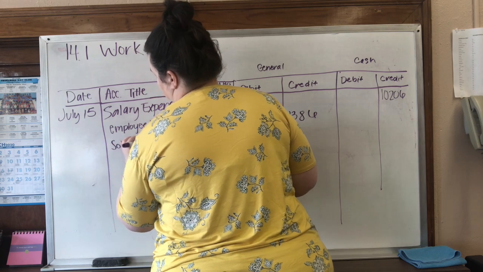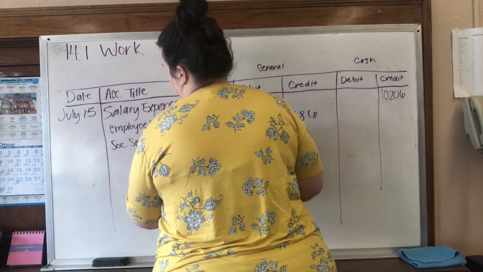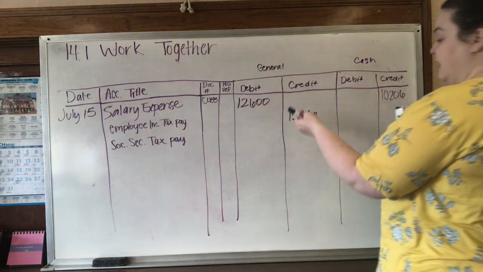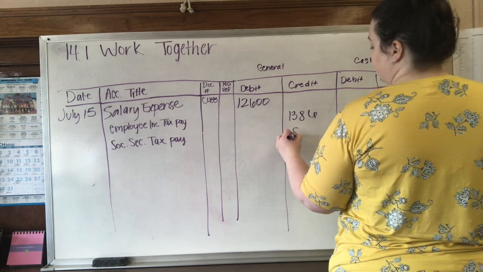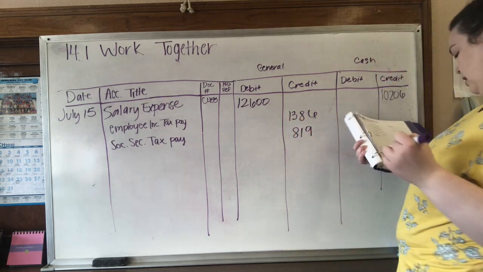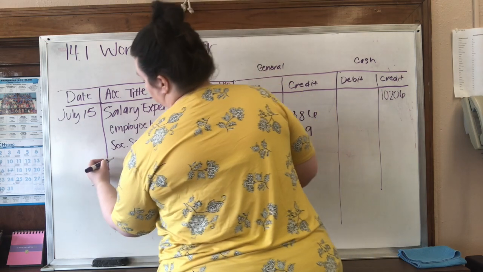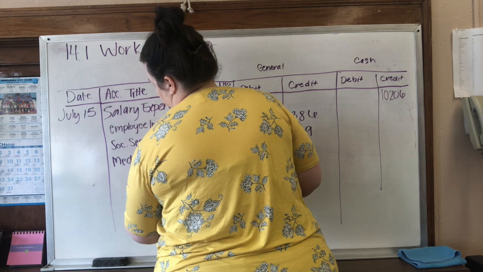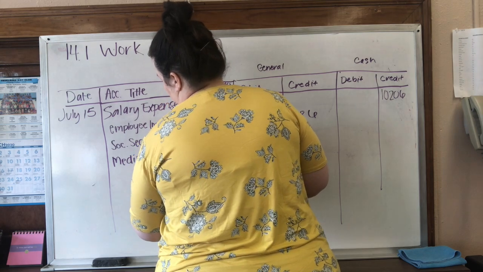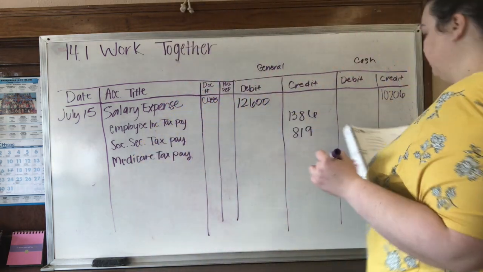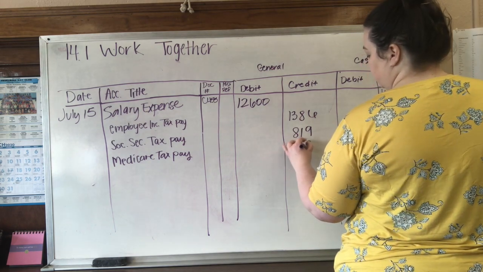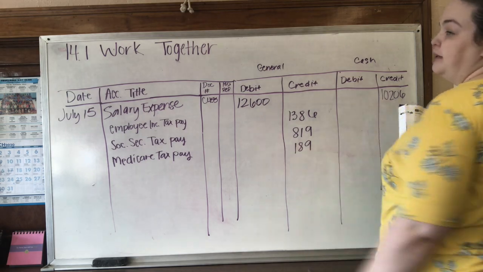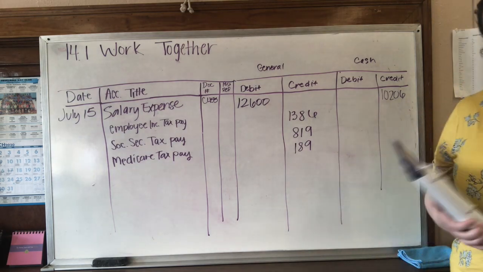Social Security tax payable: again, since it's on the credit side of your T account, it's a credit in your journal of $819. And then Medicare tax payable of $189. Make sure that all your credits equal your debit. And that is how you do Work Together.